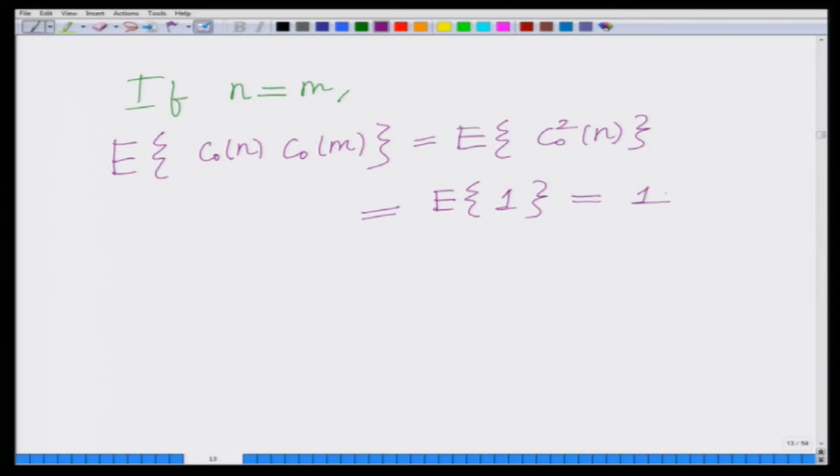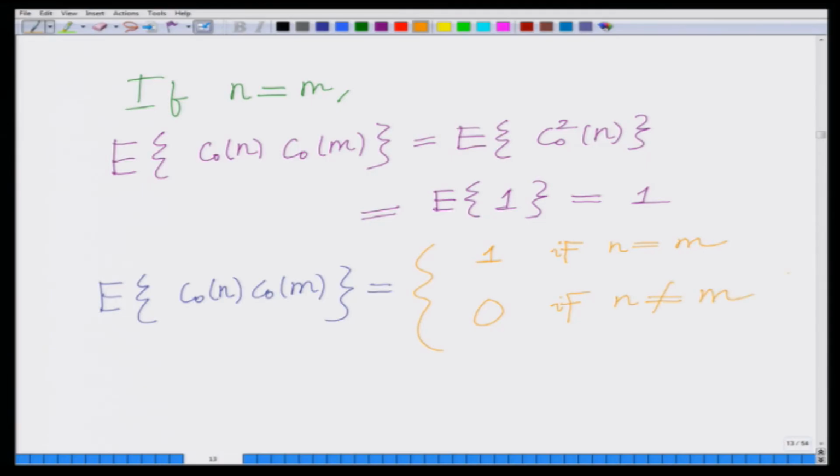Therefore, in summary, expected value of C0n into C0m is 1 if n is equal to m, 0 if n is not equal to m.